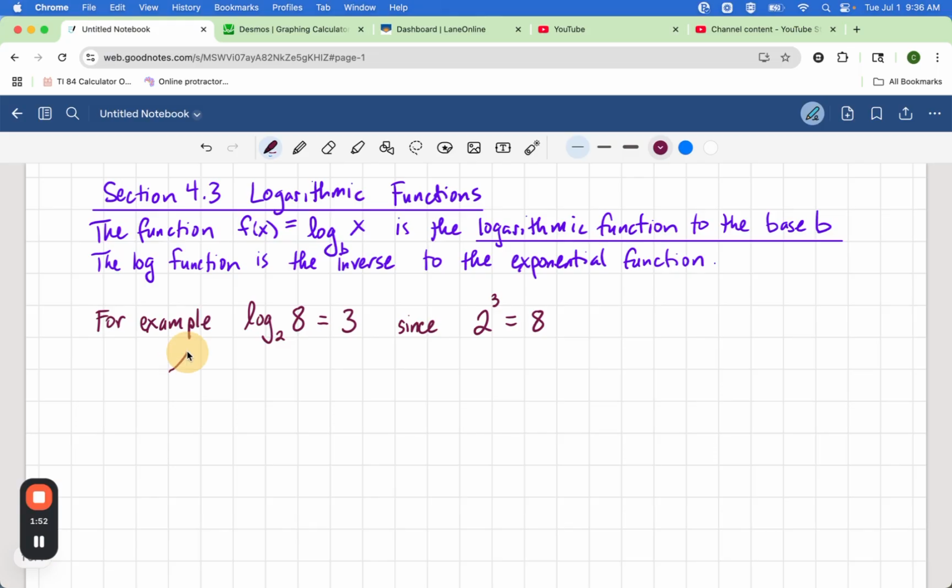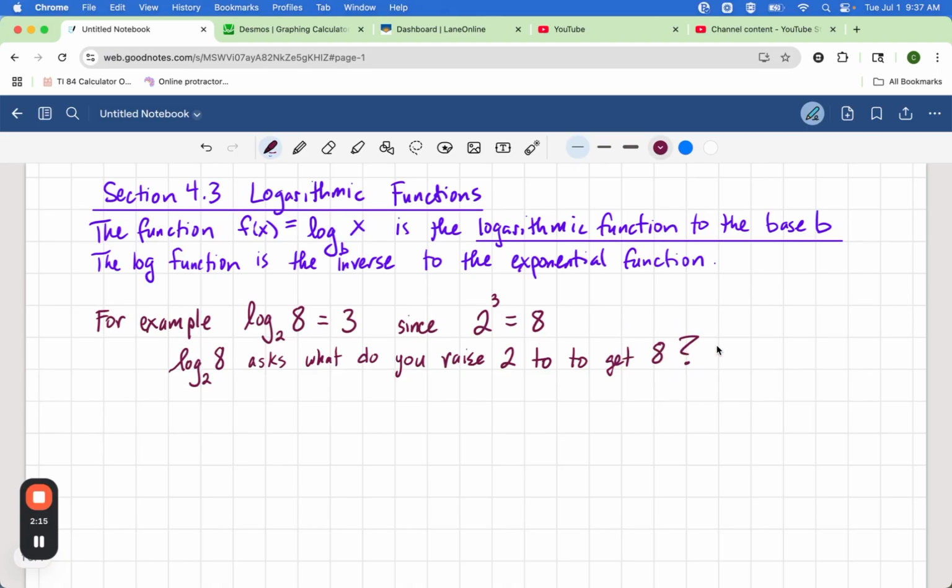So let's try to figure out what log base 2 of 8 is really asking for. It asks, what do you raise the base to? The base in this case is 2. So what do you raise 2 to get 8?